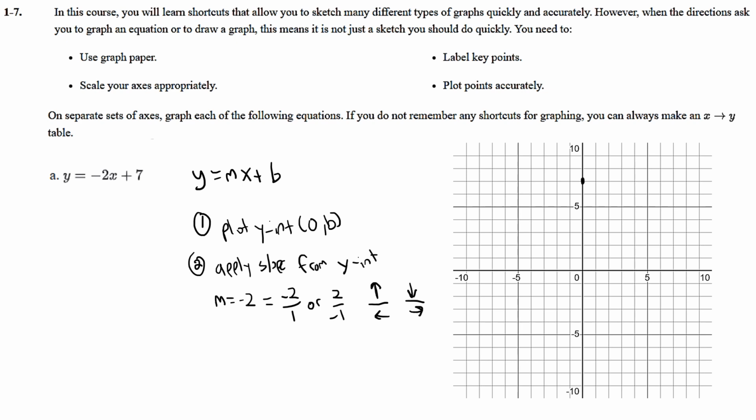So if I want x to be positive, I would go down and then right. So I'm going to go down 2, right 1. And I'm going to plot that as many times as I care to plot it. I like to plot until I can't plot anymore, because more points means more accurate. Or go up 2, left 1. And then you connect these with a ruler.